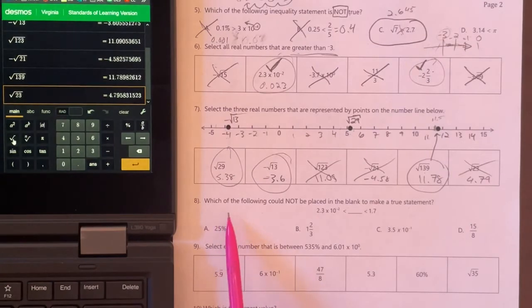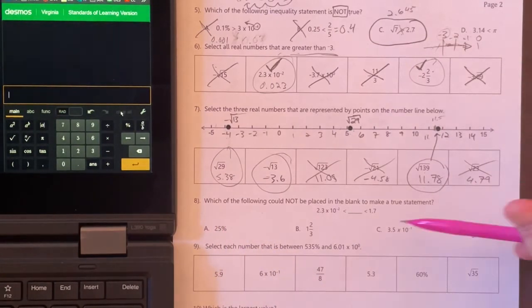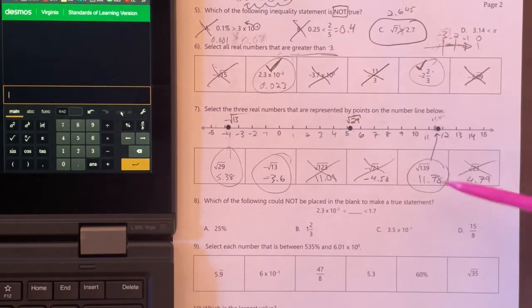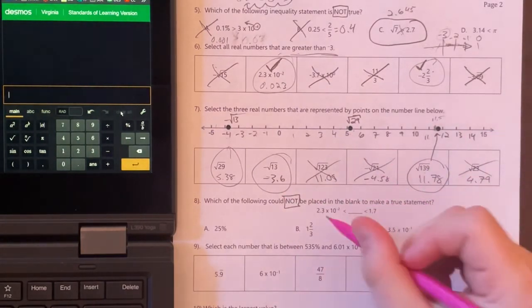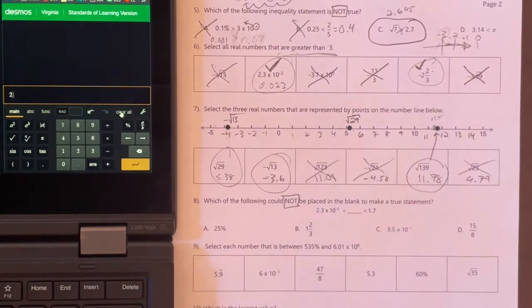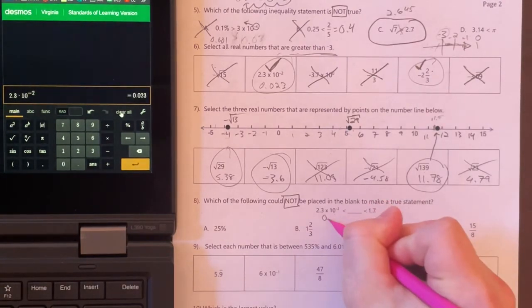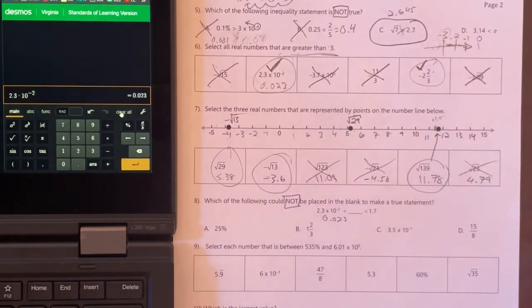For number 8, it says, which of the following could not be placed in the blank to make a true statement? So we're looking for, again, not a possible answer. We have 2.3 times 10 to the negative 2 power, which is the same as 0.023.